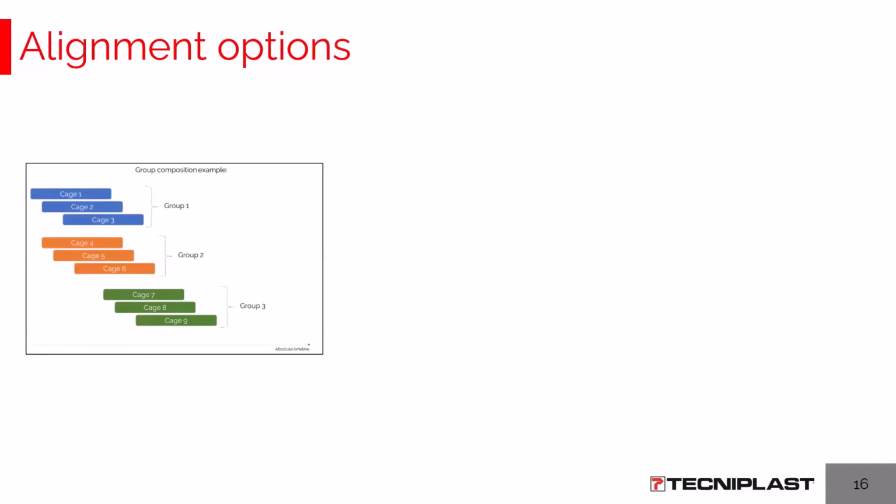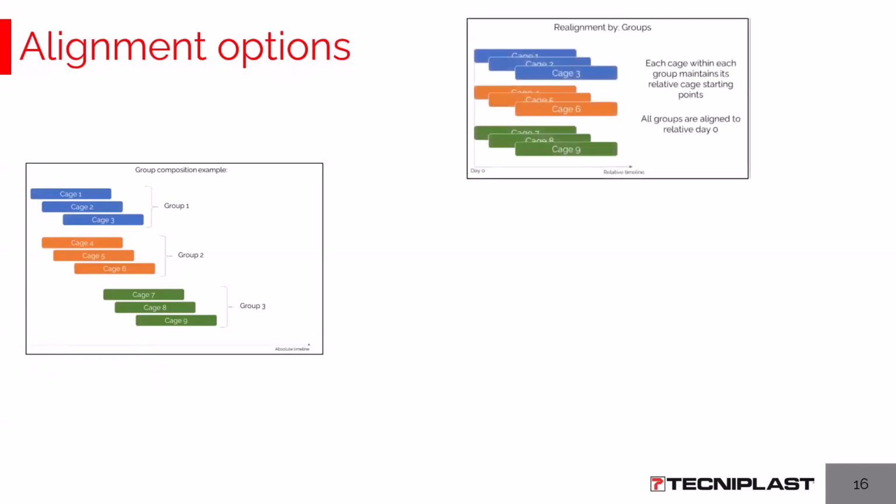This is the reality. And then you can realign this reality to make comparisons between and within groups in 3 different ways, basically. You can realign by groups, and basically the starting point of any group becomes the same for all the 3 groups. And these are realigned to a relative day 0, but you keep within the group the same shifted distribution.